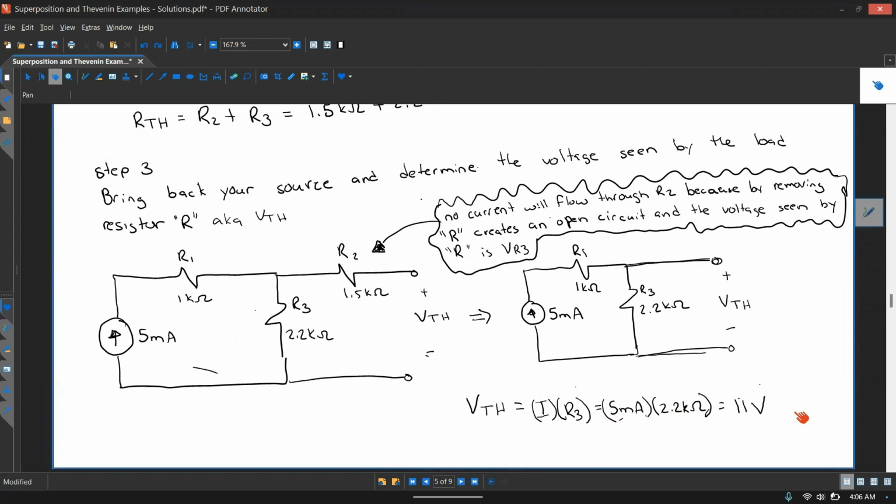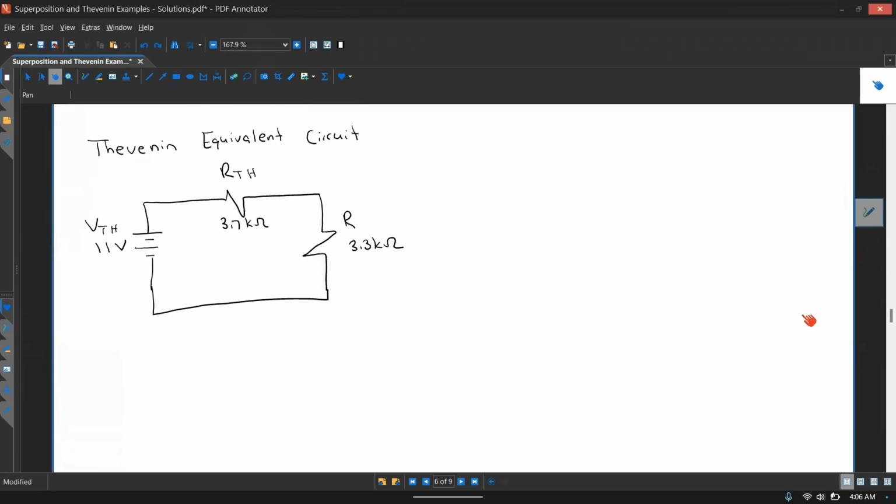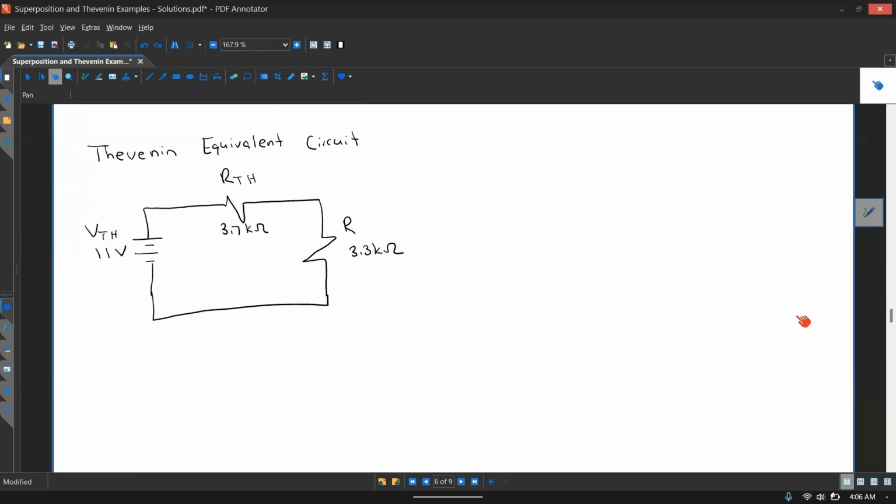Those are the 3 steps. The last step is just to put it all together. Whenever you're trying to find a Thevenin equivalent circuit, you put your Thevenin resistance in series with your load resistor. All right, and then your voltage source is going to equal 11 volts. That's your Thevenin voltage.